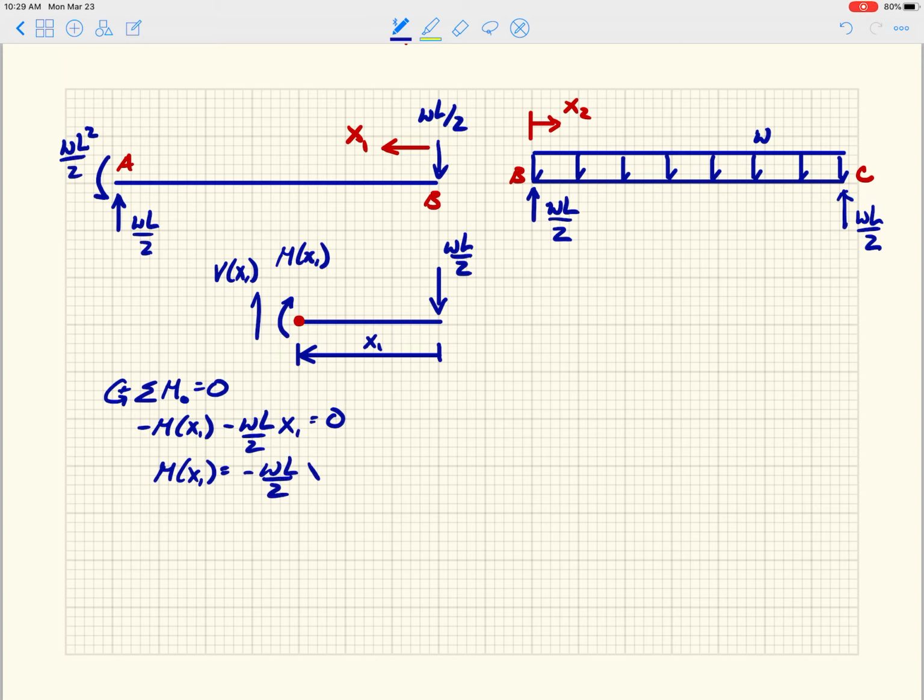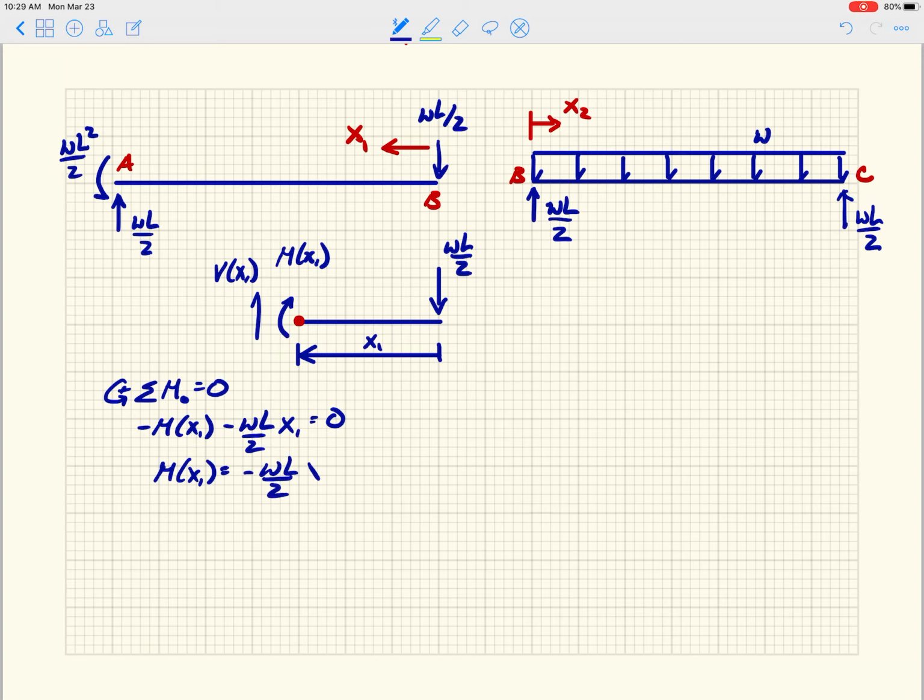And then if you sum forces in the y direction, and that equals 0, you will get a V of x1 equals WL over 2. And here I will just box these.